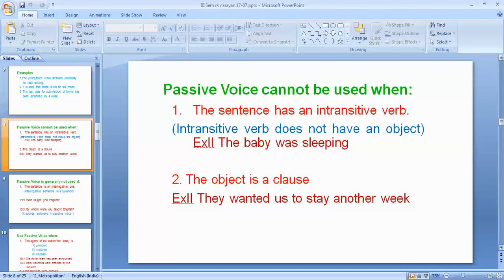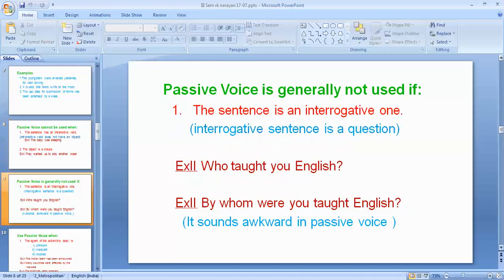So in this way, passive voice cannot be used with sentences which have intransitive verbs. And on the second occasion, when the object of the sentence is a clause, we cannot use passive voice. And on one more occasion also we cannot use passive voice.